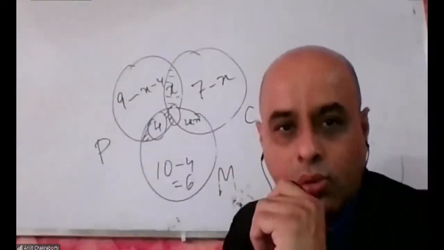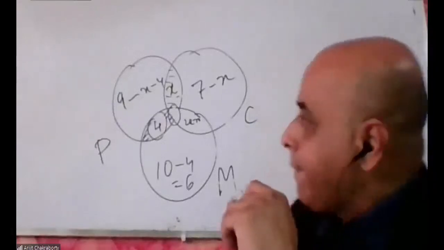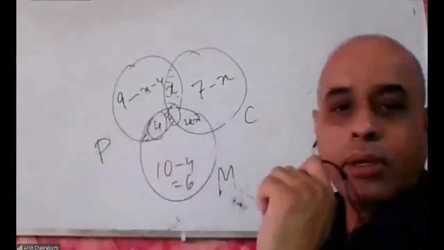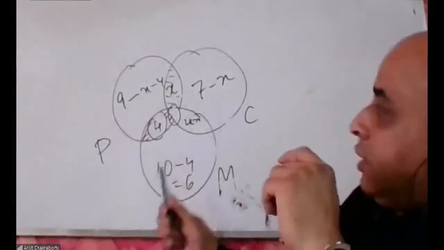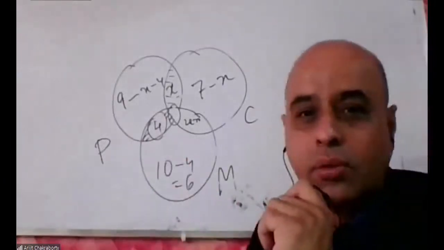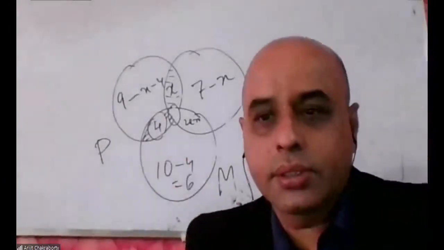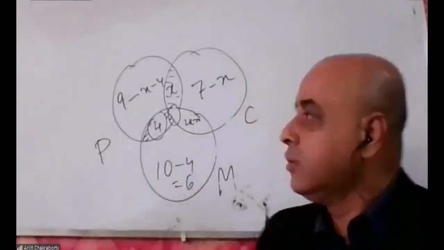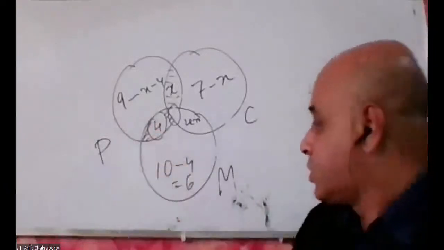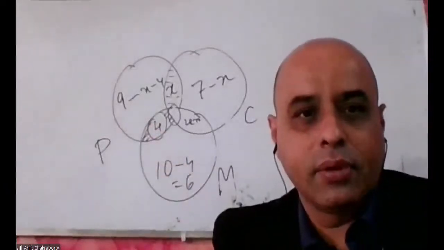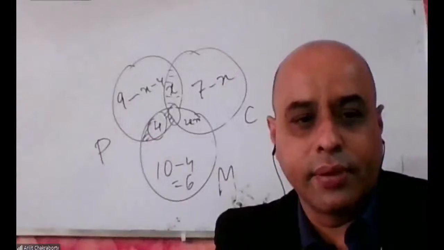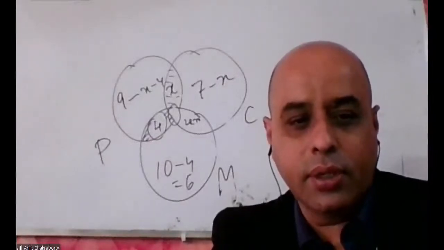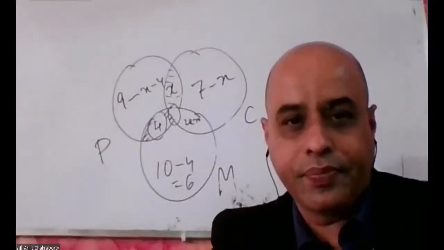From here we can see that 4 teachers are teaching both physics and mathematics. Okay, so it is given. 4 teachers are teaching both of them.